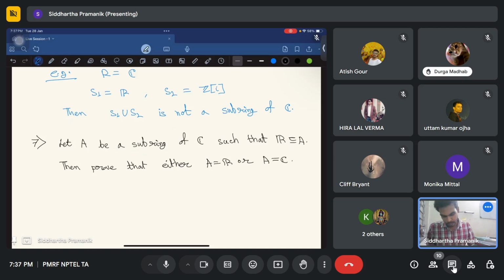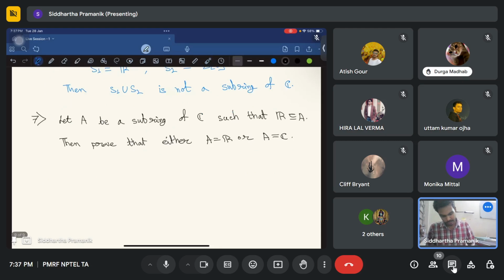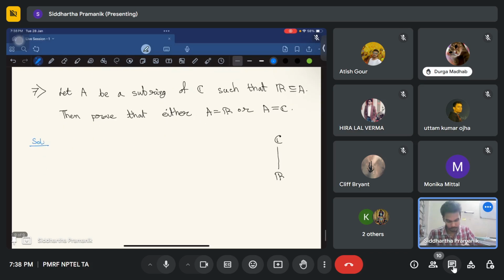So this question is saying if you take the ring C here and if you take the ring R here, then in between you cannot have any other subring. Can you try this? Yeah, anyone?